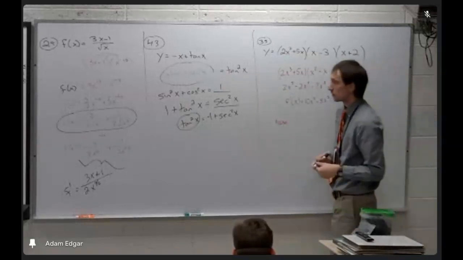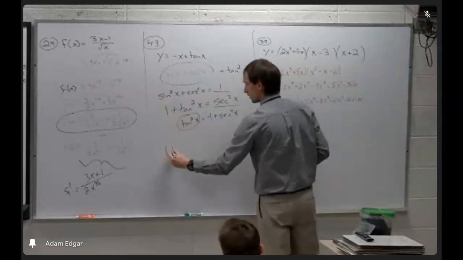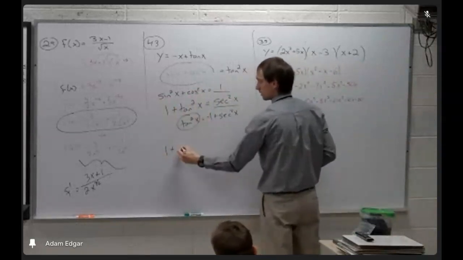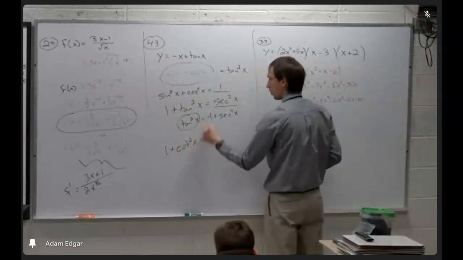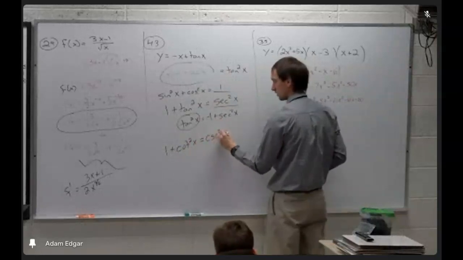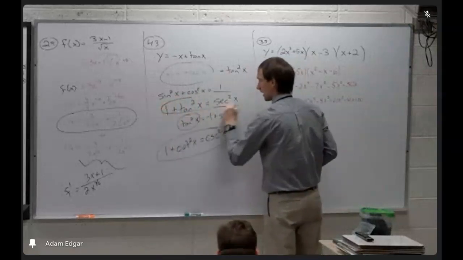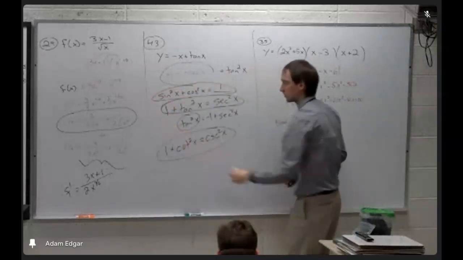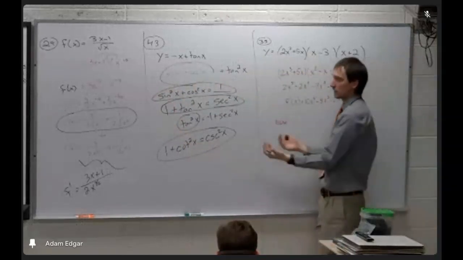Yep. If you divide it through by sine squared x, you would get 1. And then what's cosine over sine? Cotangent, so cotangent squared. And what's 1 divided by sine? Cosecant. So these are your 3 Pythagorean identities that you should be able to use, recognize, rearrange as necessary to fit the situation at hand.